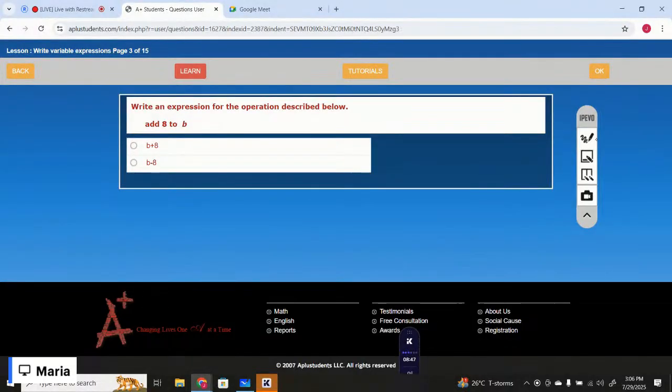Add 8 to B. So which is the correct option? Option number 1 is the correct option. That is B plus 8.